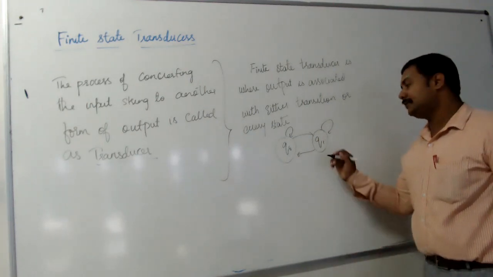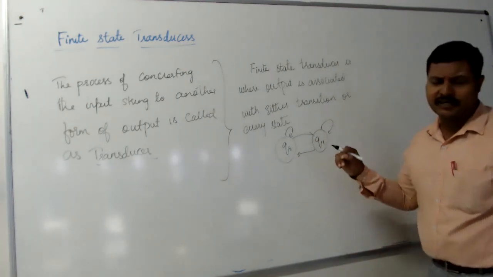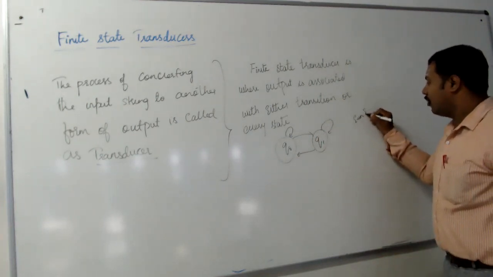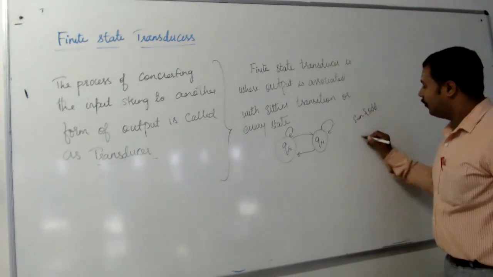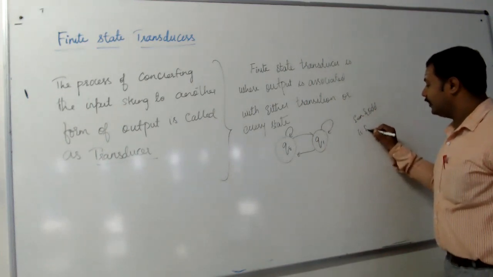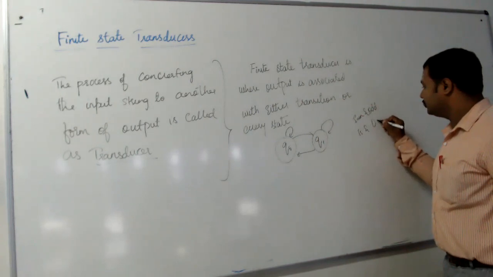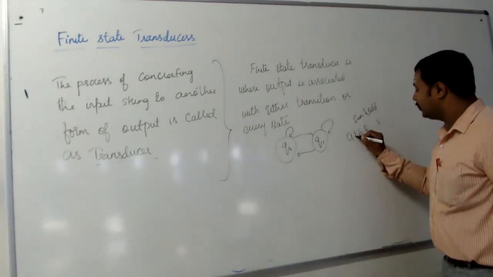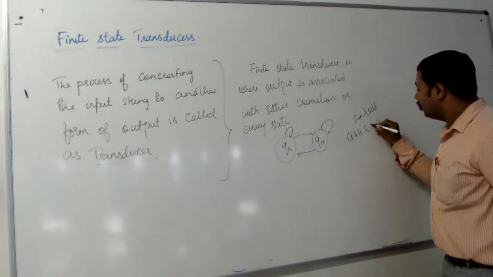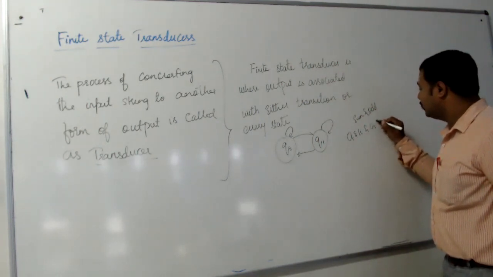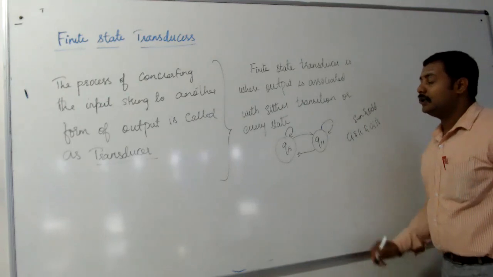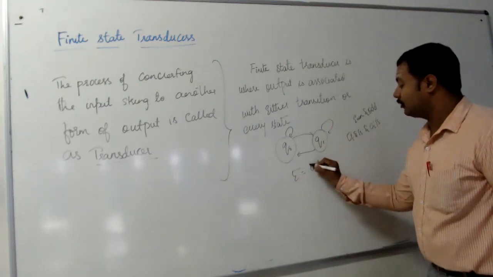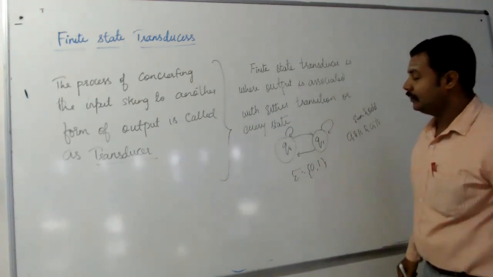Here we'll consider a condition: it will print even and odd, for even number of ones and odd number of zeros, or even number of zeros and ones, I will print even, and for odd number of zeros and ones I will print odd. For example, let us assume the alphabet is 0 and 1, right?